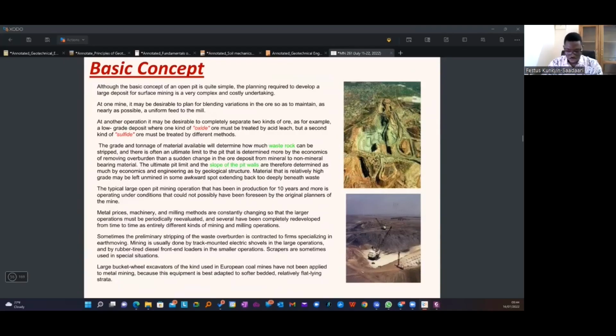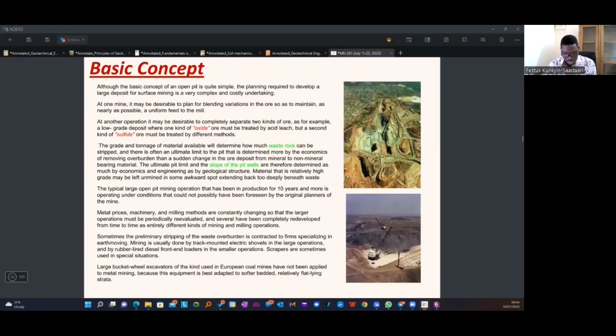So it says that although the basic concept of an open pit mine is quite simple, the planning required to develop a large deposit for surface mining is a very complex and costly undertaking. What we are trying to understand here is that when we say surface mine, open pit, it looks very simple and easy for us.